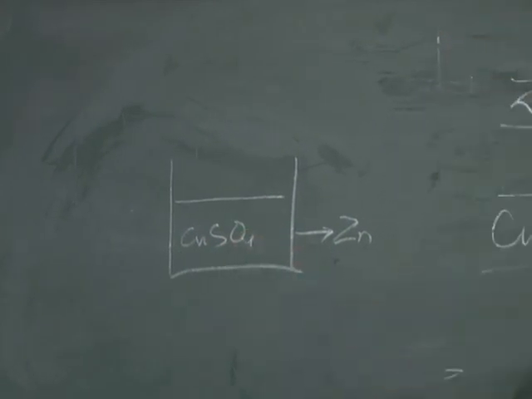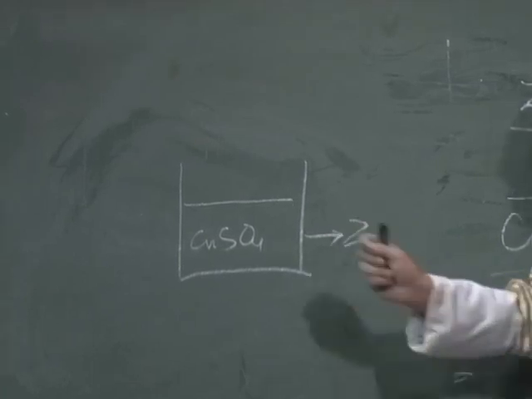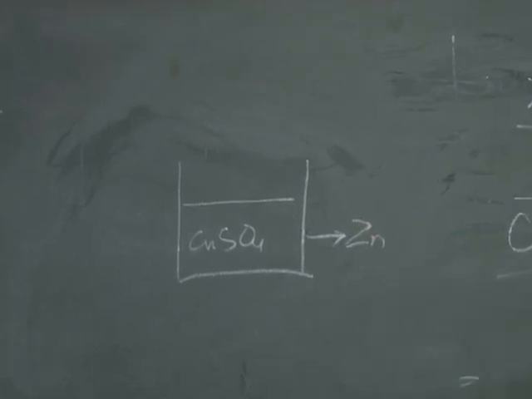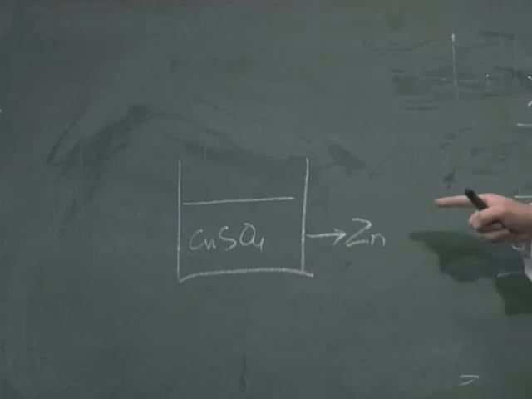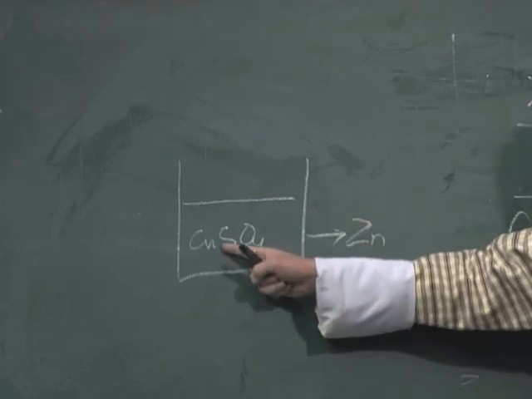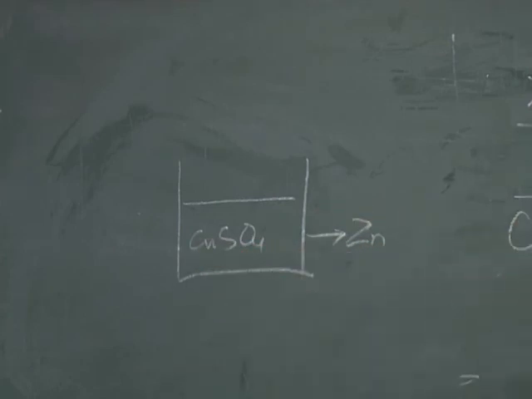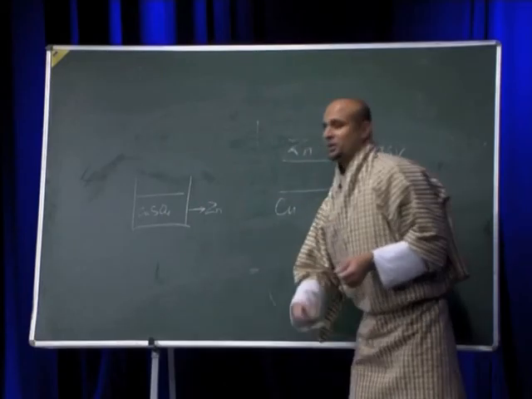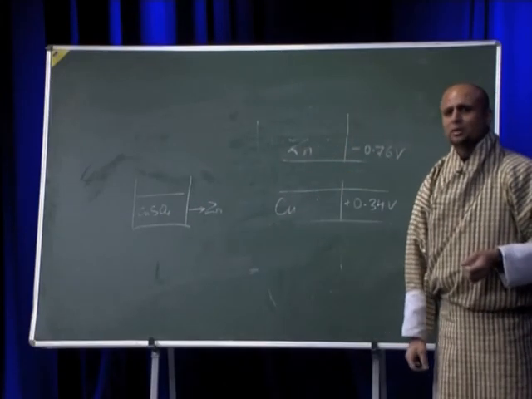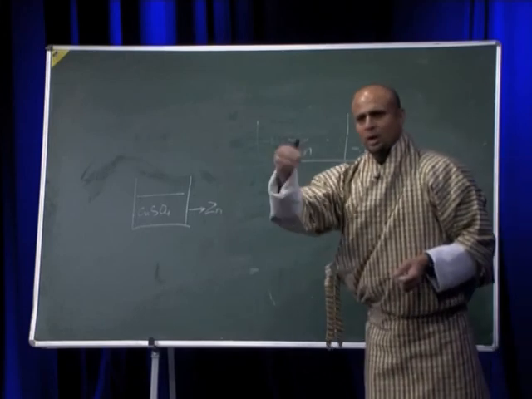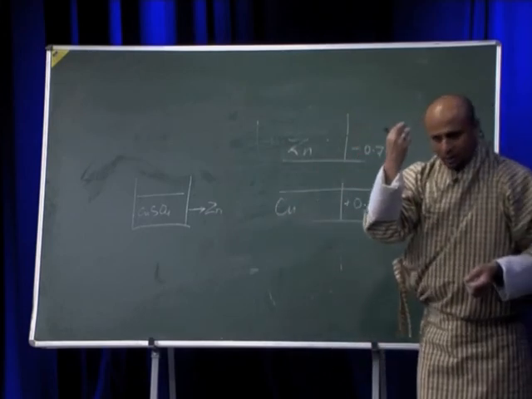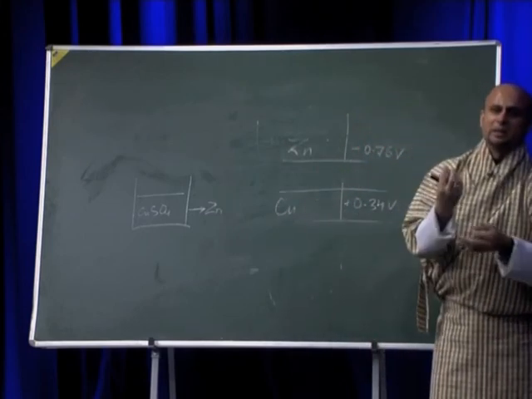Can I store copper sulfate solution in a zinc container? No, we cannot store it. Why? Zinc is more reactive. If we store it like this, zinc being more reactive will displace copper from this solution, forming zinc sulfate, and copper will get displaced. So we cannot store it. Whenever you store, the solution should be less reactive than the container's metal.